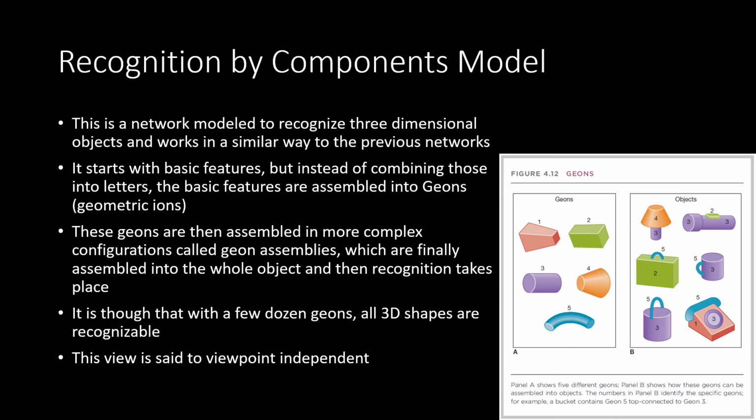Of course, you could say that if you can't see the object, you couldn't do that, but then I would say that you can't really recognize something you can't see, especially when we're talking about objects that are being visually recognized.